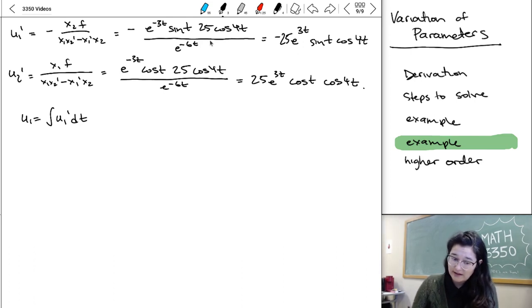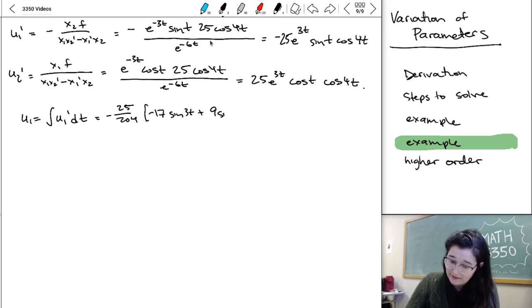And if I integrated these things, I would get minus 25 over 204 times minus 17 sine 3t plus 9 sine 5t plus 17 cosine 3t minus 15 cosine 5t.